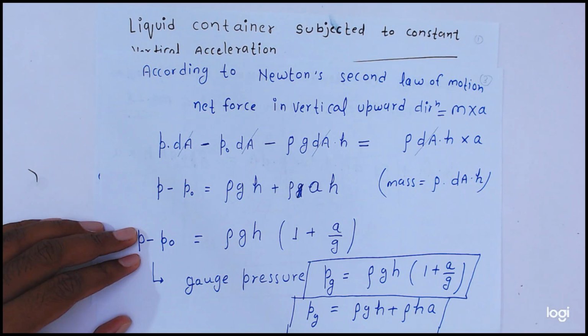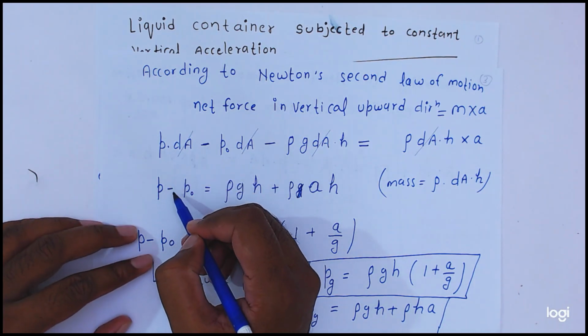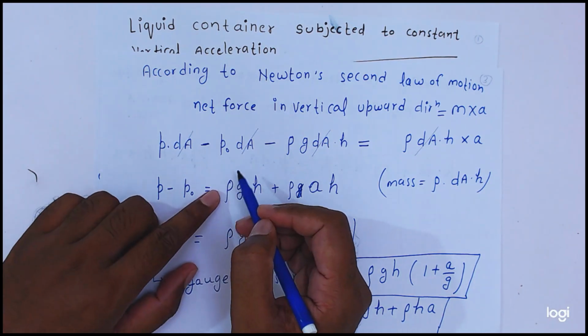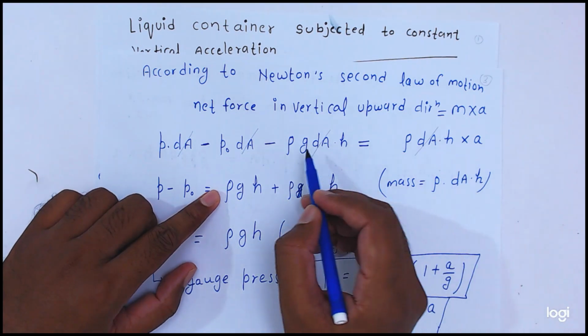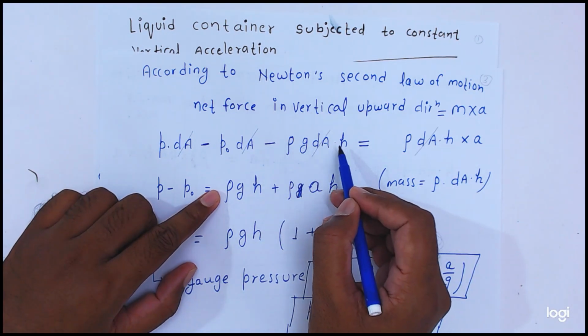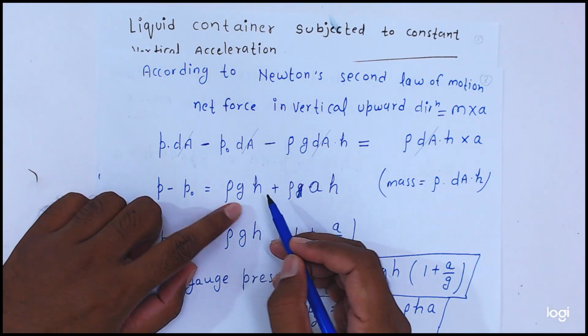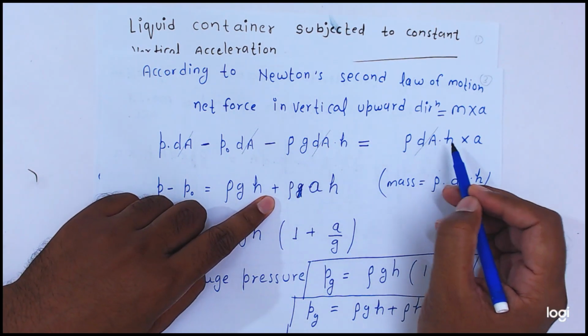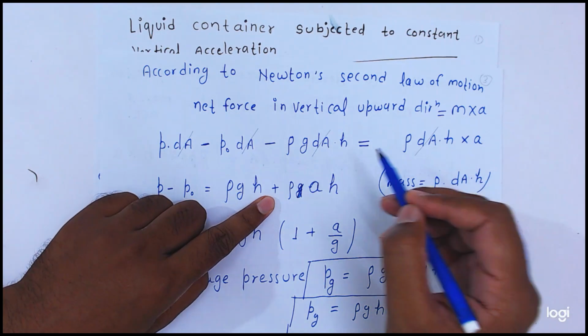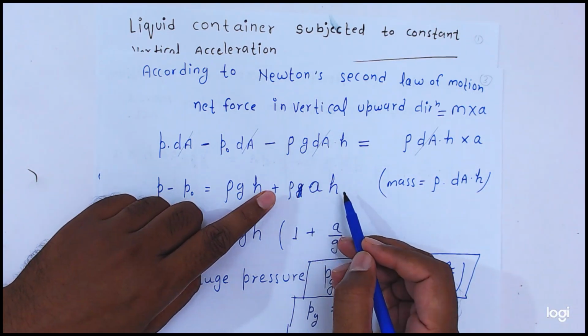So what is left here? P minus P naught equals, this term we will send to this side, rho g h goes plus here. So rho g h plus rho h a.